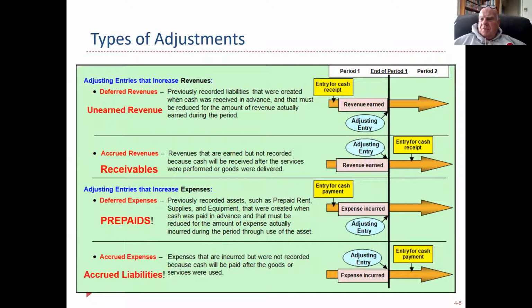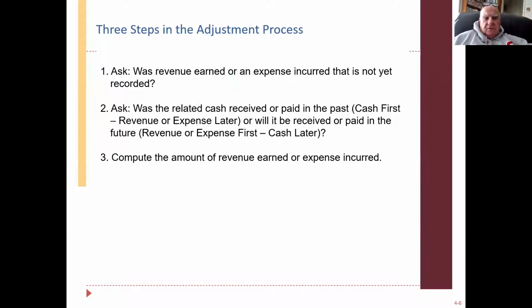They don't pay $500 a month. They only have to pay it at the end of each year, but the income becomes $500 a month when we divide 6,000 by 12 months. And here we're going to debit a receivable called interest receivable and credit interest income, okay? So that's a quick look at that, and we'll go into it in a little more detail here.